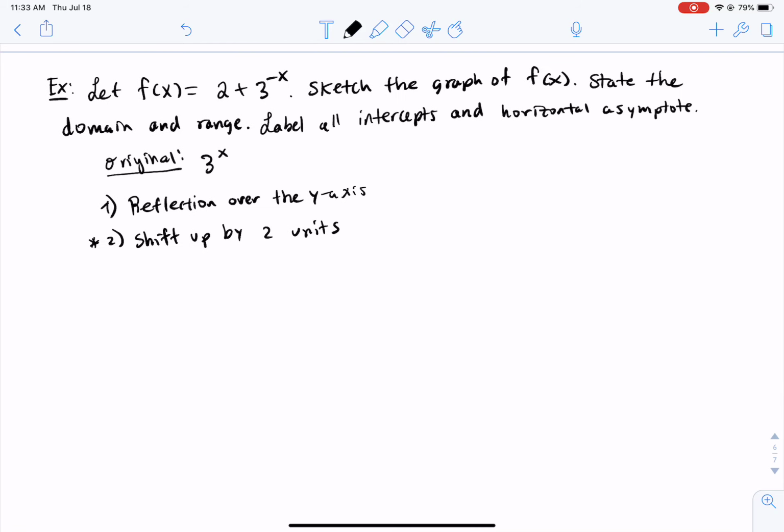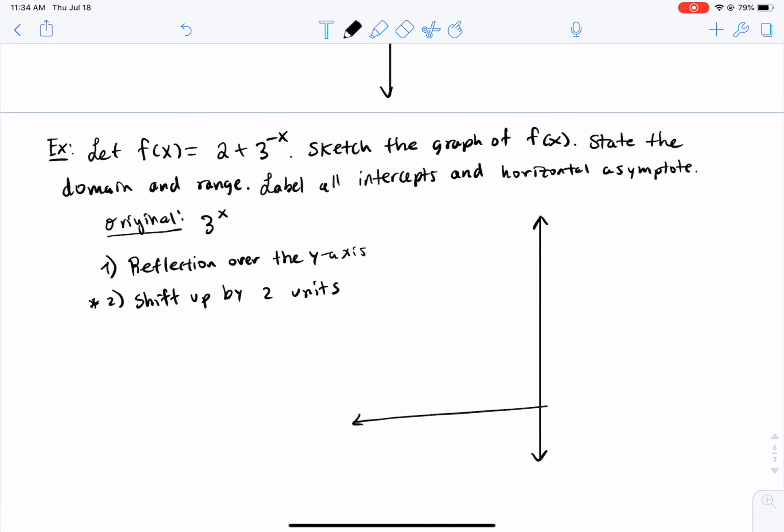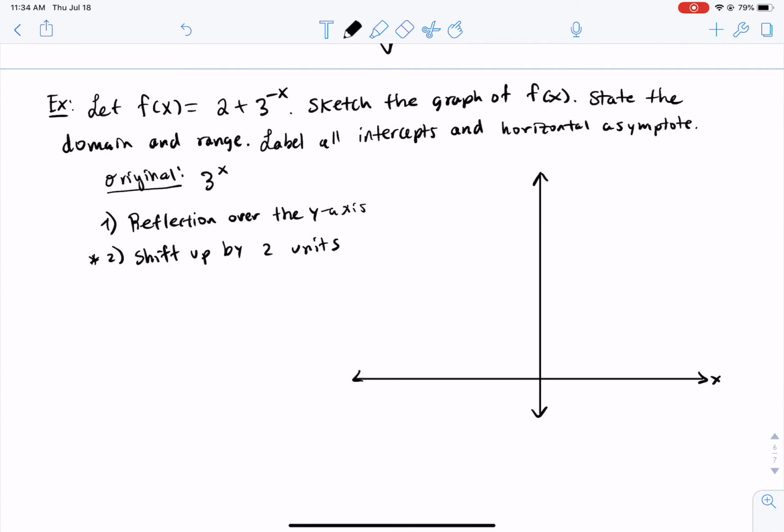Now, if we are sketching this, we can start from the very beginning, but I think it's okay to just see how this is going to look. If we start off with 3 to the x, the original will probably look like this.